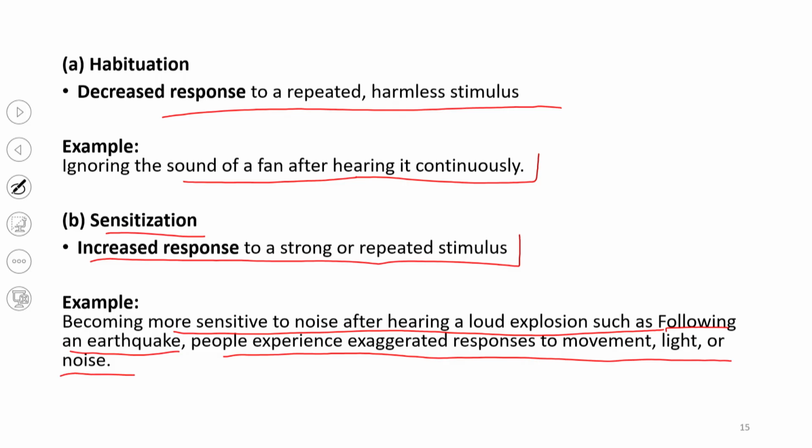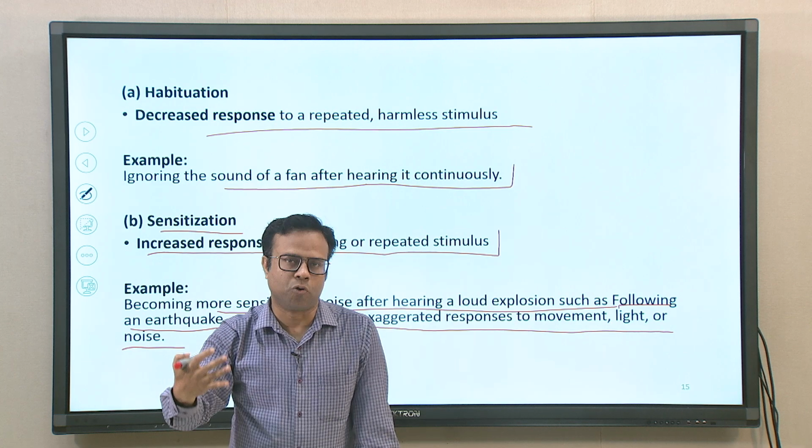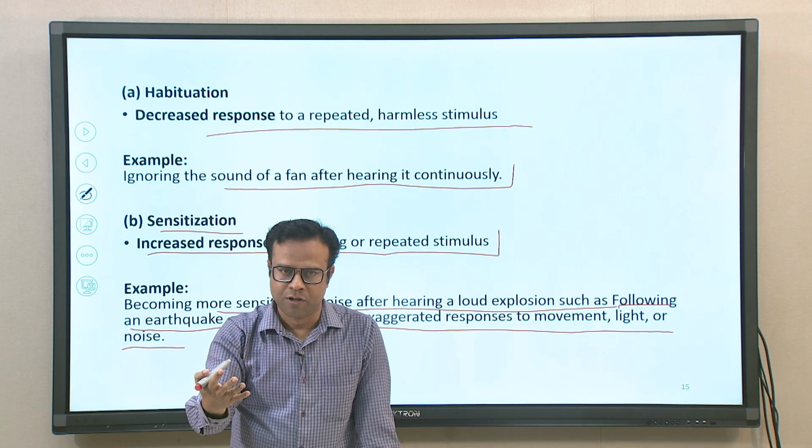Let us say an earthquake, some jolt and movement happens. After that, a slight change somewhere, some slight sound, some slight movement, people become highly sensitive to it. So, the same stimuli, but the response to the stimuli actually increases after some time, simply because now this is an important stimuli, this could be dangerous stimuli, you have to pay attention.